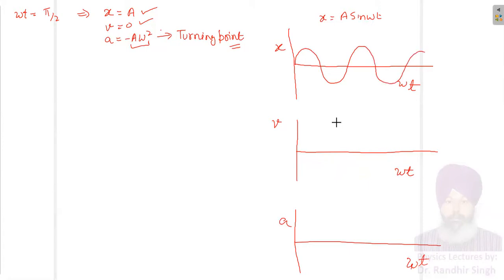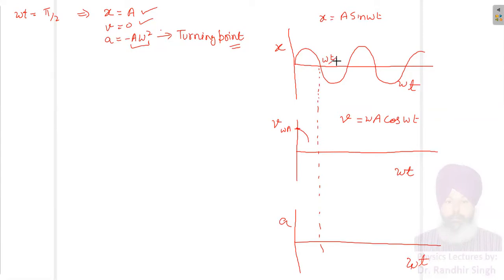And v is actually a omega cos omega t. Now cos graph always starts from this part. So let us say this value is omega a, so it will start going like this. So this axis is omega t.